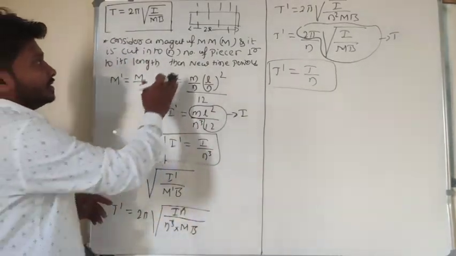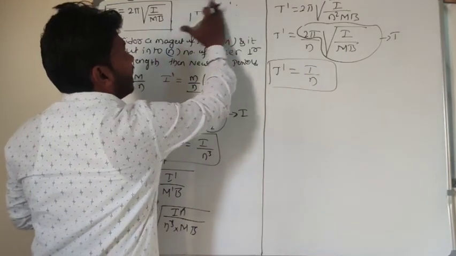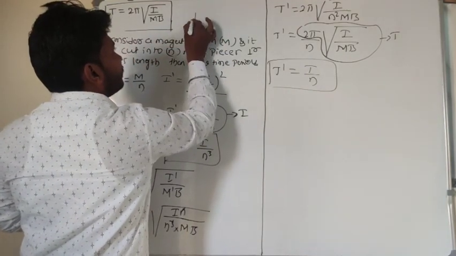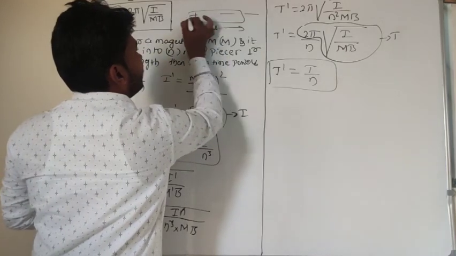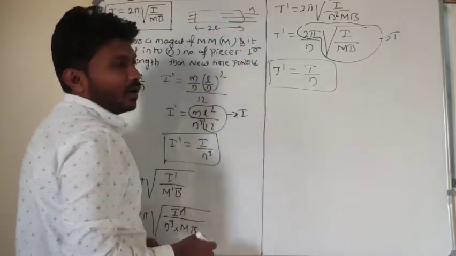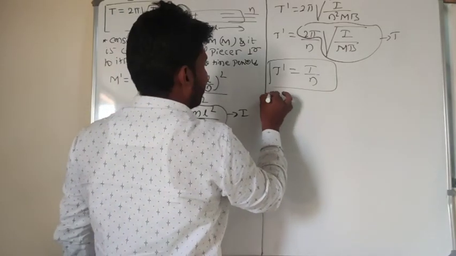One more possibility is there. I will cut that magnet along its length. This is the magnet. If you cut that magnet into n number of pieces along its length, that is the next, fourth application I will take.